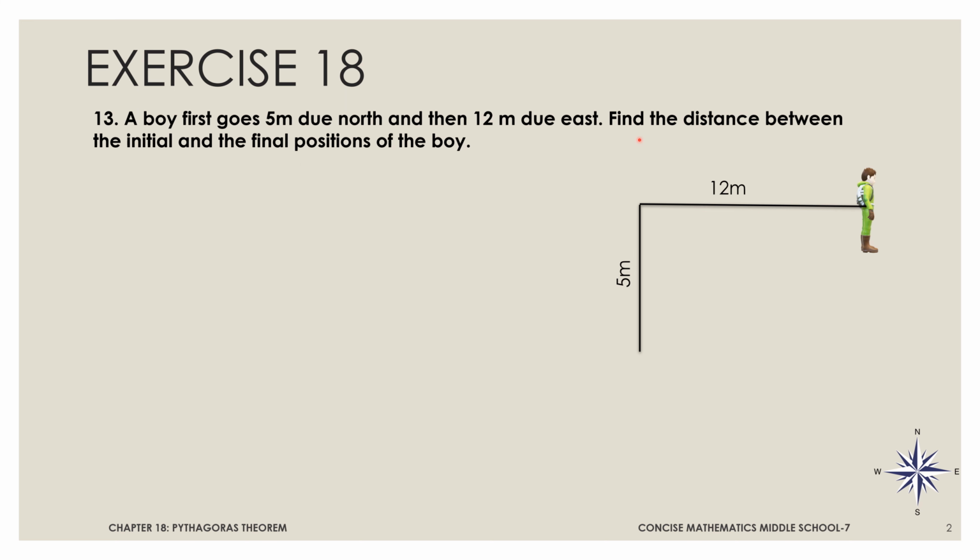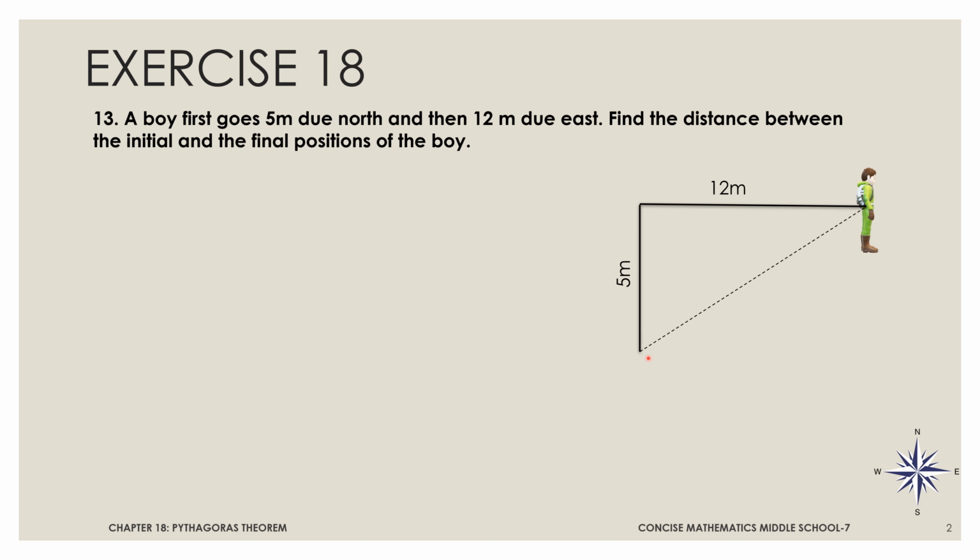Now what they're saying is find the distance between the initial point. Initial means starting point. Which was the starting point where the boy started? This was the initial point, right? And the final position. And finally where did the boy reach? In this place, right? What is the distance between them?